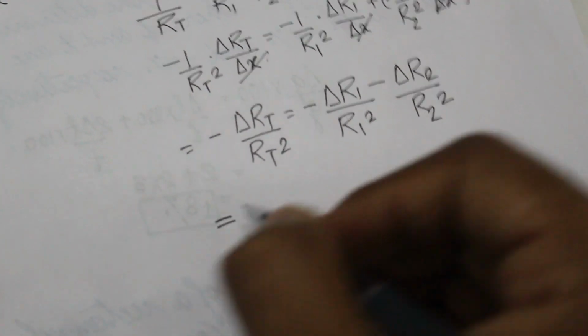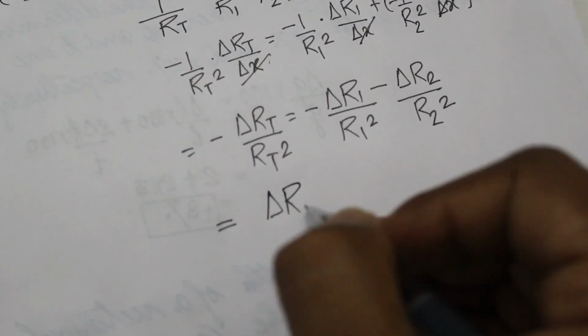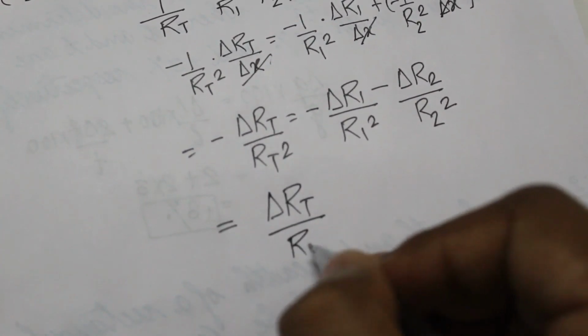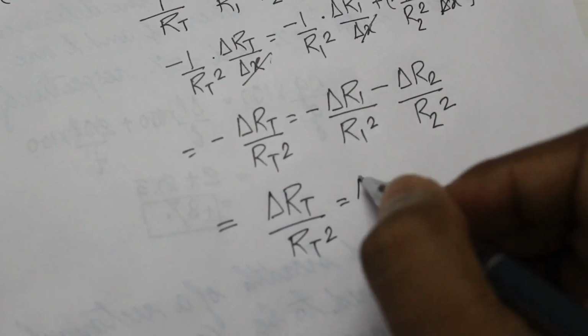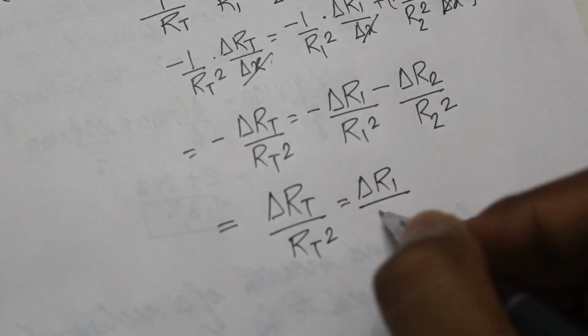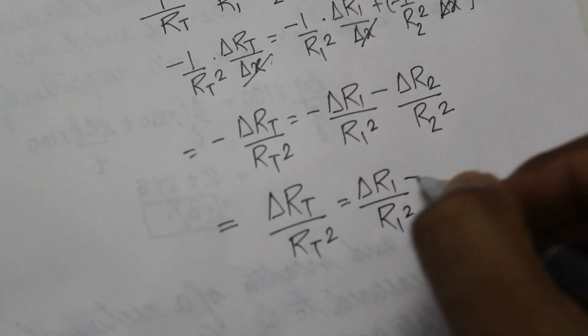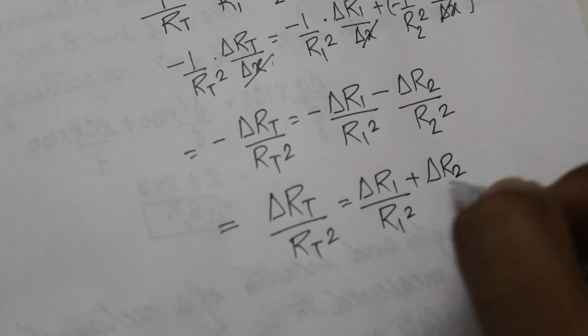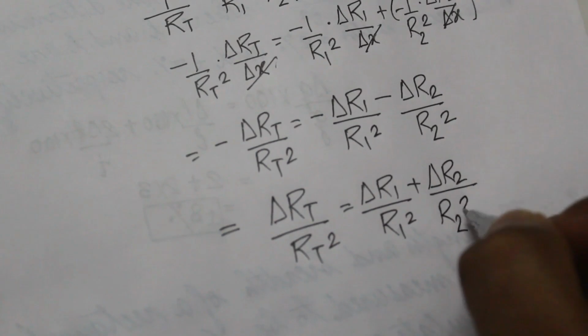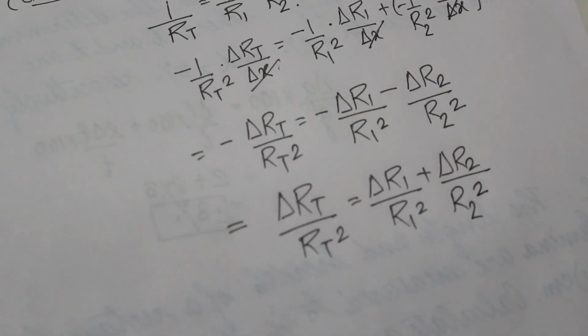Taking out minus, I'll finally get delta RT upon RT square equals delta R1 upon R1 square plus delta R2 upon R2 square. So using this formula, you can directly find out the error when the resistances are connected in parallel combination.